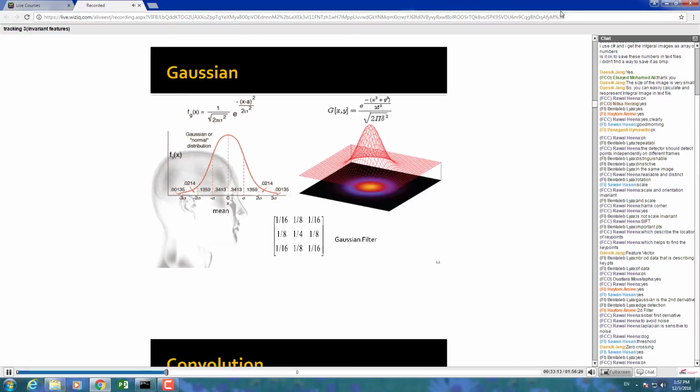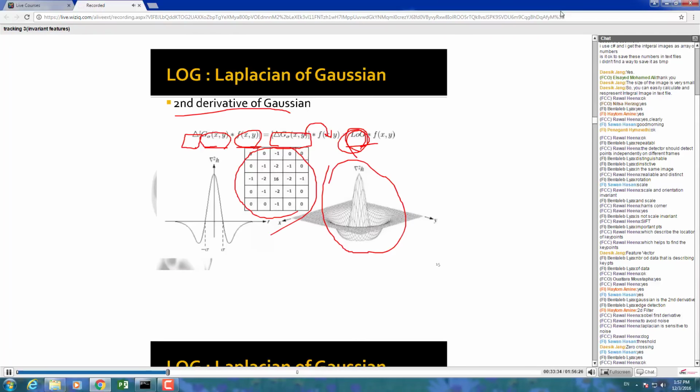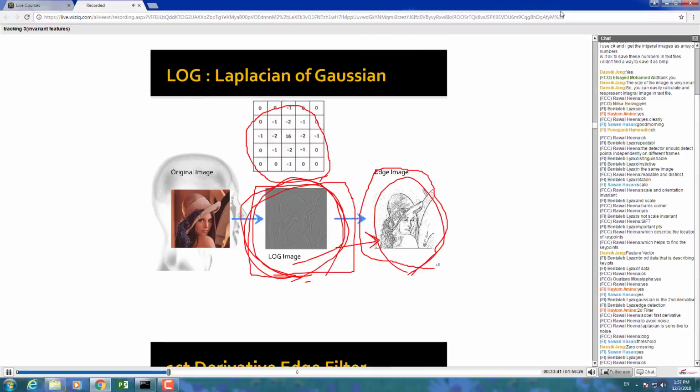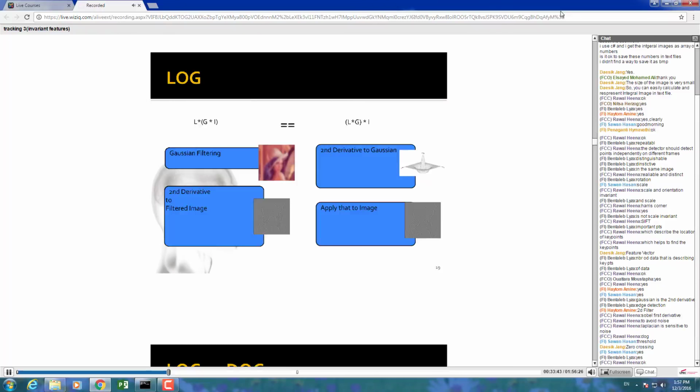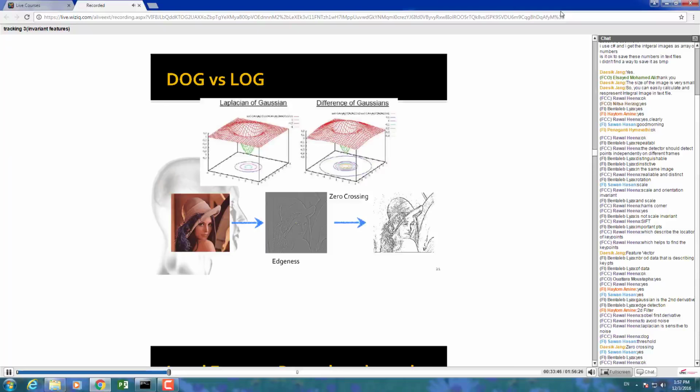Let me show you the formula for Gaussian. It's on this page. For two-dimensional space, this is the Gaussian function. To generate the LOG kernel, we have to apply a second derivative to this function. So we have to generate this kind of kernel. By the way, this computation is very expensive.